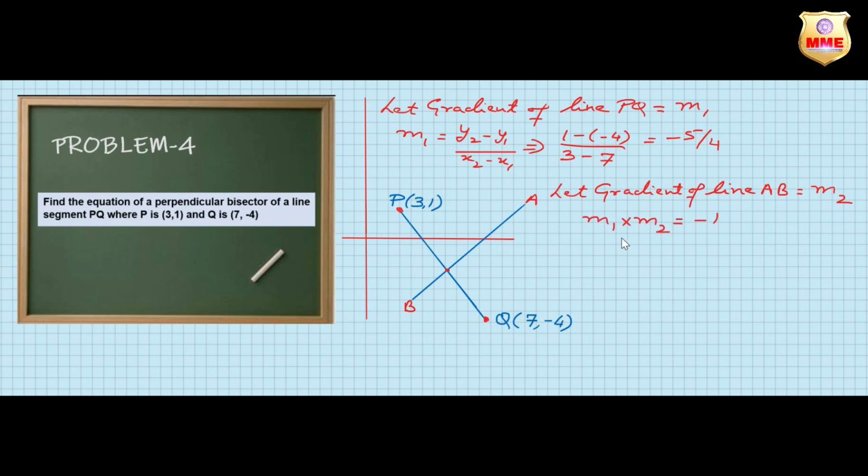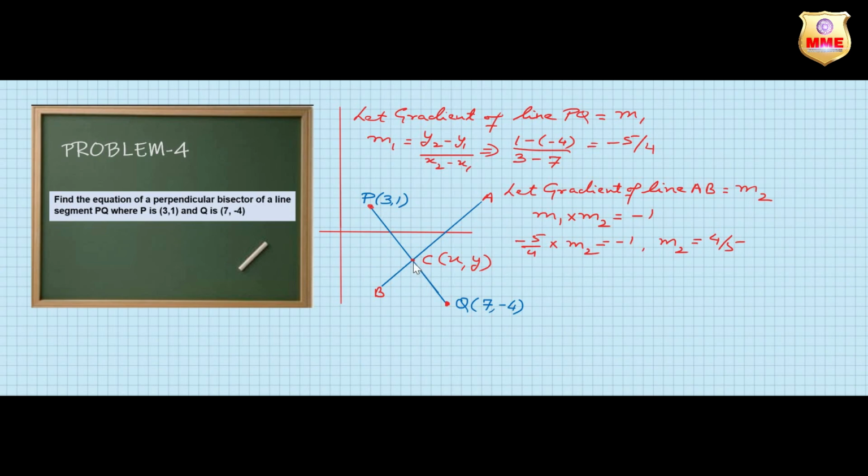As we already know, if lines are perpendicular to each other, the product of their gradients is always equal to minus 1. So since PQ and AB are perpendicular, the product of the gradients of these lines will be equal to minus 1. If we place the value of M1, we can get the value of M2. As you can see here, I place the value of M1 which we have already derived, and we get the value of M2 equal to 4 by 5.